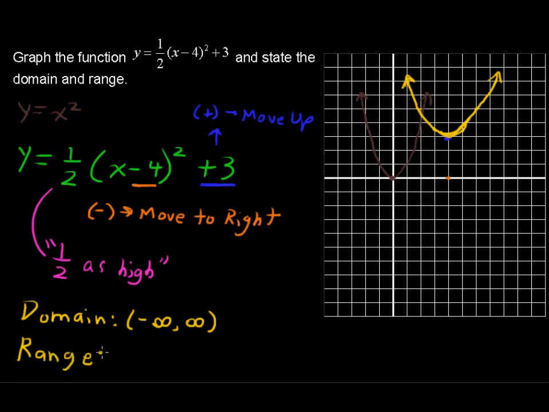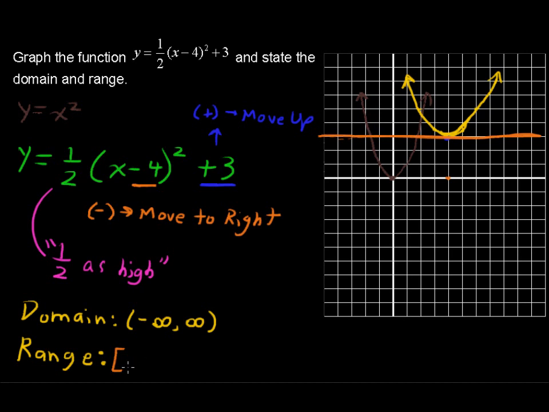Range, we can see what the range is. It's going to be cut off at this point. This is not part of the graph. I'm just doing this for teaching purposes. It's cut off there. y does not get lower than that. It does include that, so I'll put that right there.